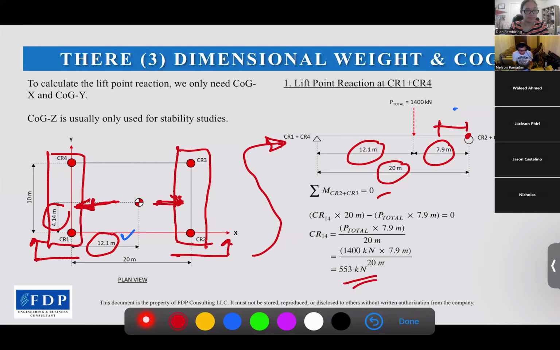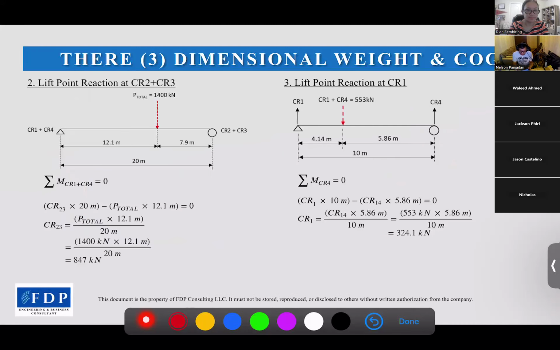And then we continue to find crane 2 plus crane 3. We use the total moment at crane 1 4 is 0. Then crane 2 3 times 20 meters, the distance to crane 1 4, minus the total times 12 meters, that's the distance to the total weight, or the COG, in the X direction.